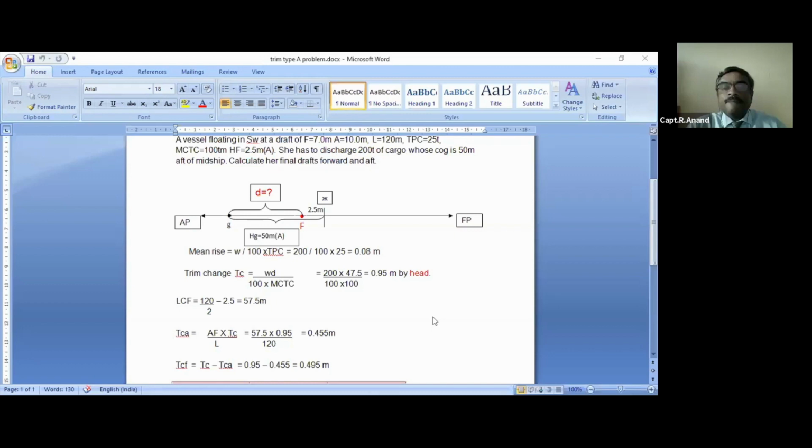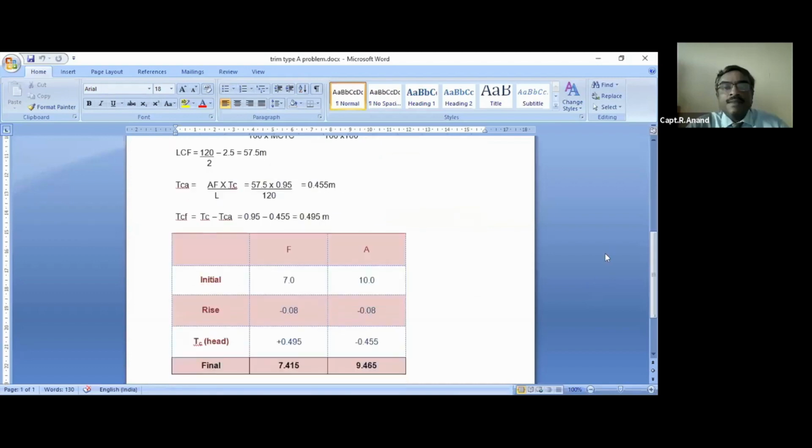So it doesn't have to necessarily be that the ship has to be at even keel for you to work out these problems. The ship can have any trim, any draft. So we are just calculating what is going to be the change which is going to happen. Is that understood? Yes, sir. Thank you, sir.